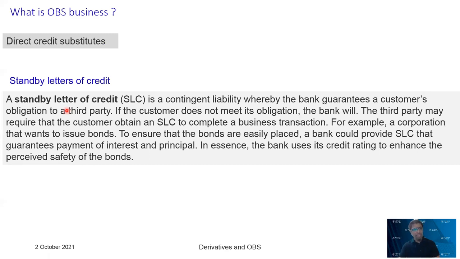Now, the standby letter of credit. When we say standby letter of credit, maybe your mind will go to a letter of credit, which is actually for international trade. No, this is only a guarantee. Deal with it as a guarantee.